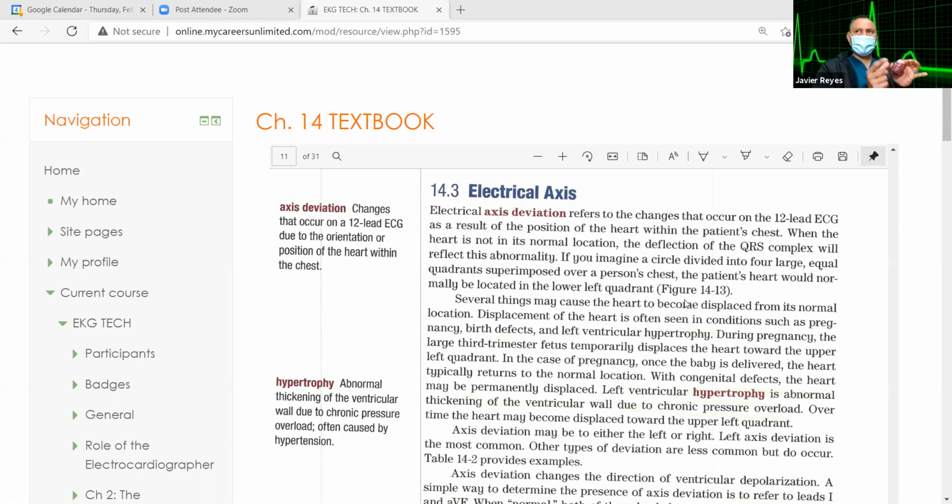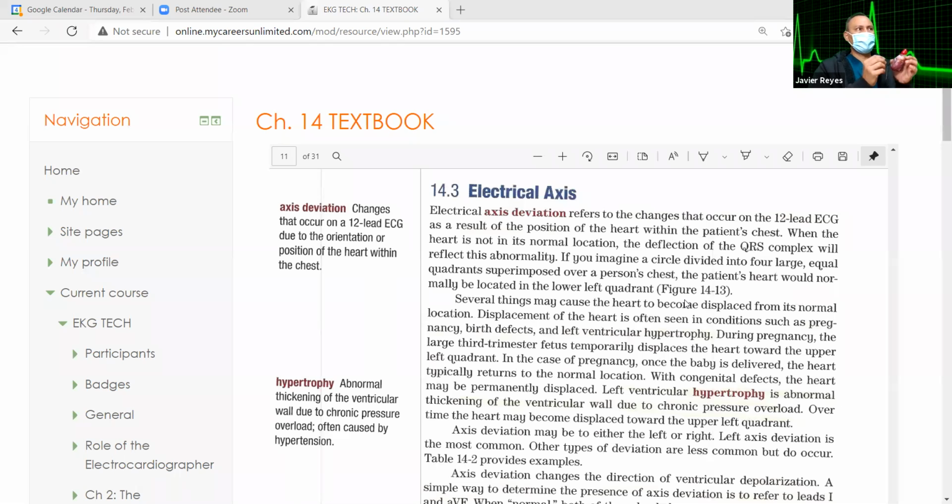The muscle becomes enlarged and thick, and the ventricle itself becomes smaller because the muscle makes it more narrow. When this muscle becomes thicker and larger, it emits more electricity. Because it's bigger now, it sends a stronger signal.